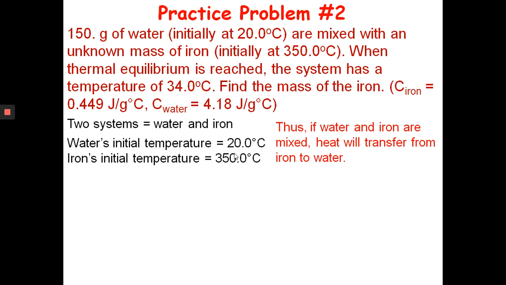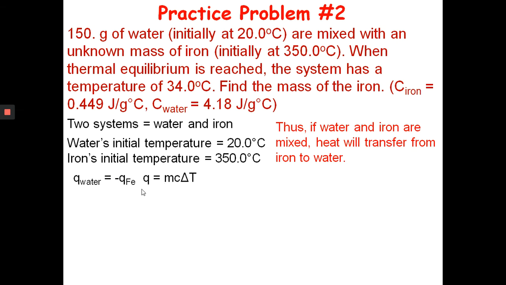In other words, if water and iron are mixed together, heat will transfer from iron to water because iron is hotter than the water. So I'm going to put the water as the one receiving or gaining the heat energy, and the iron is the one that's losing the energy. Again, the minus sign can be placed on either side; it doesn't matter. But remember, one side has to have a negative sign to start with.